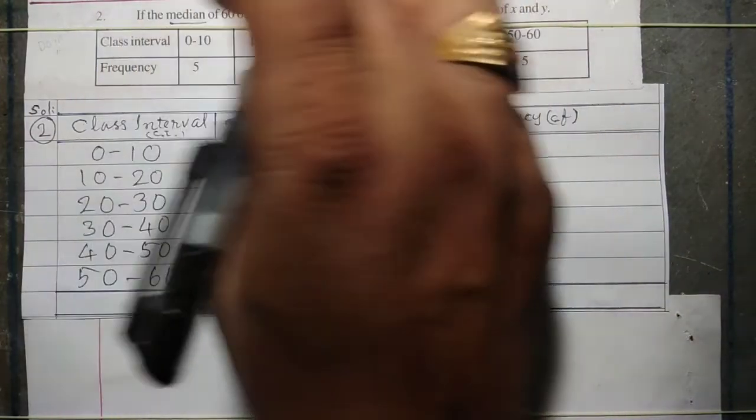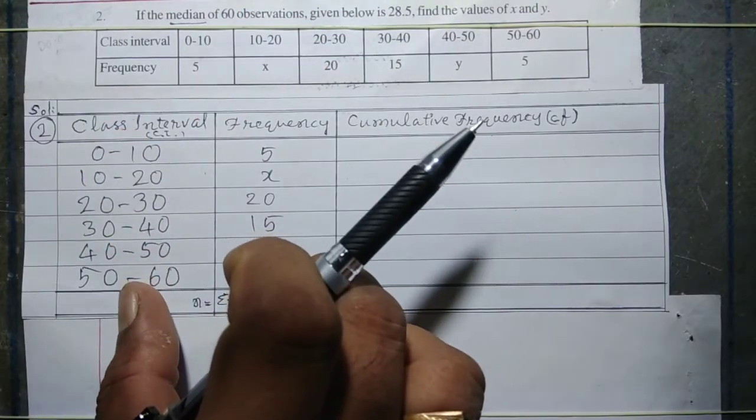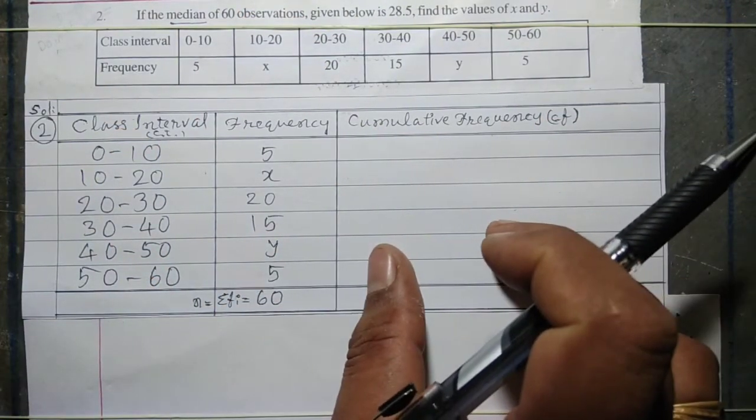We have to write these rows like columns. Then we have to find the cumulative frequency.